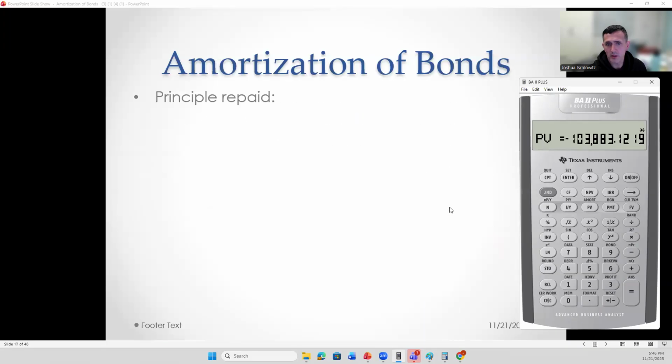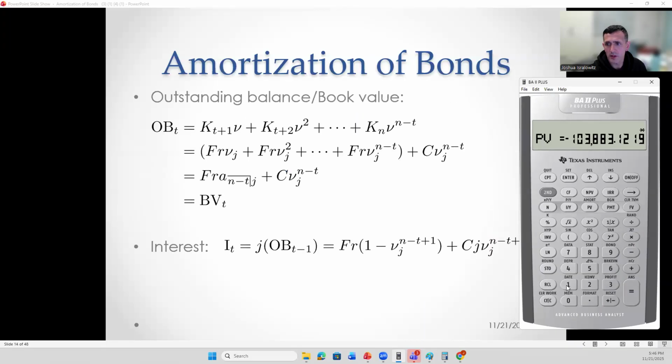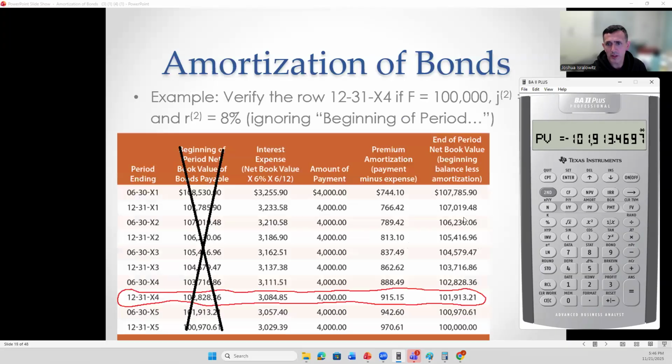Let me redo that. So 2n, 3% interest, 4,000 payment, 100,000 redemption. I don't know what I did there before, but now we get the right answer.